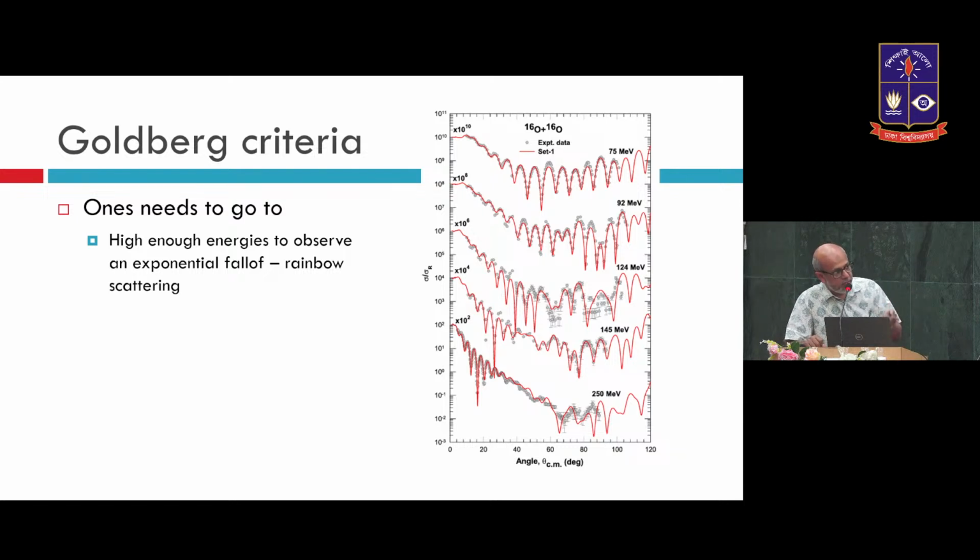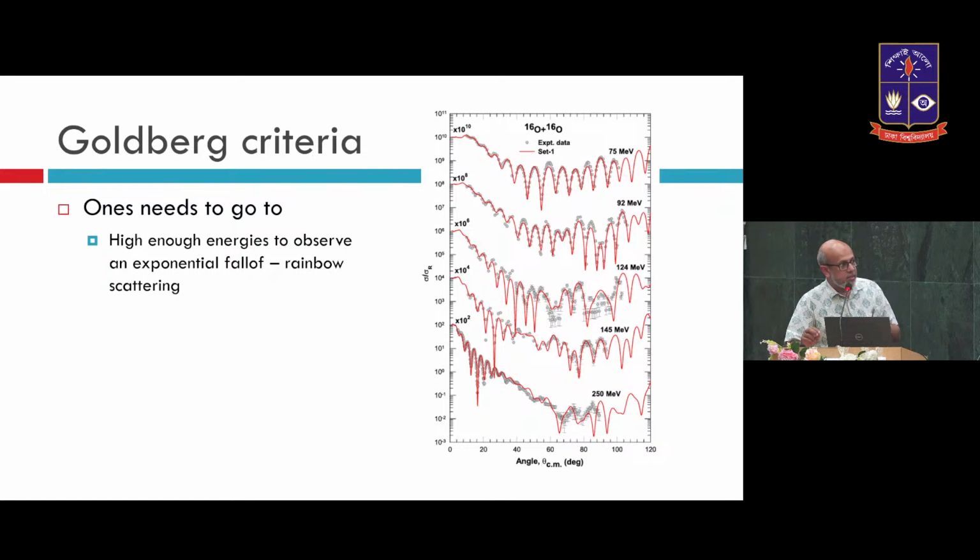They are Fraunhofer all the way, though there are some Fresnel effects here as well. But if you go further to higher energies, you see angular distributions that just fall off sharply.